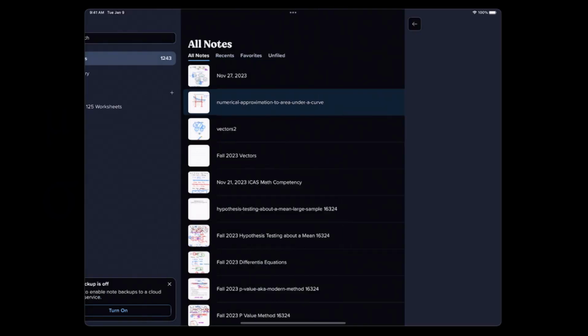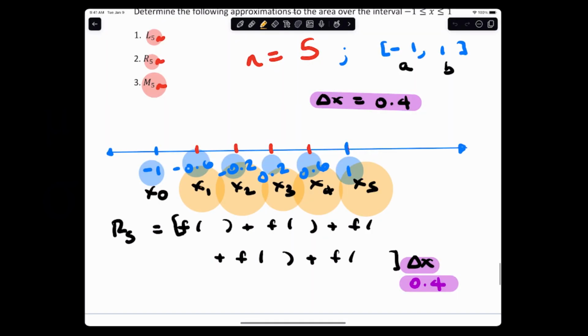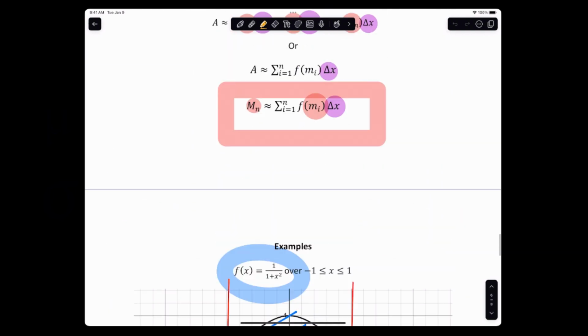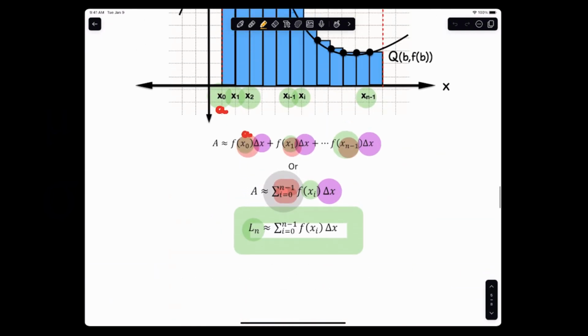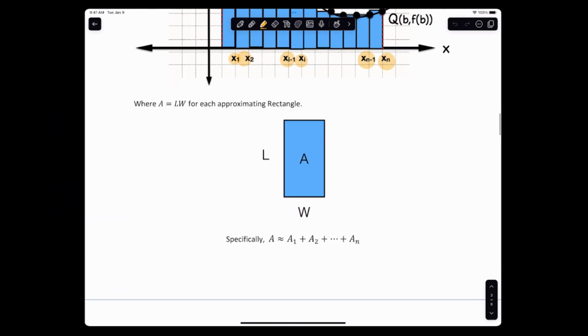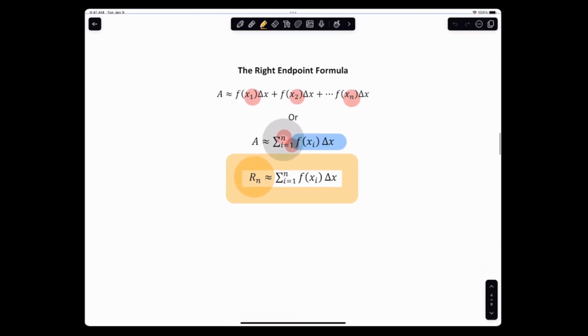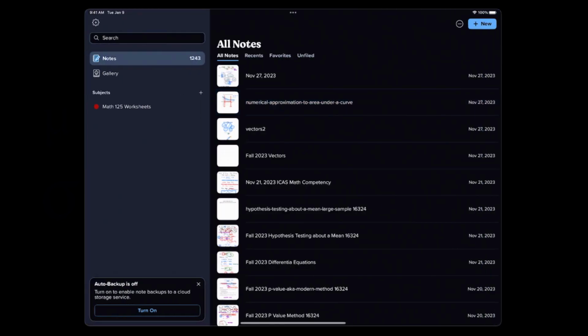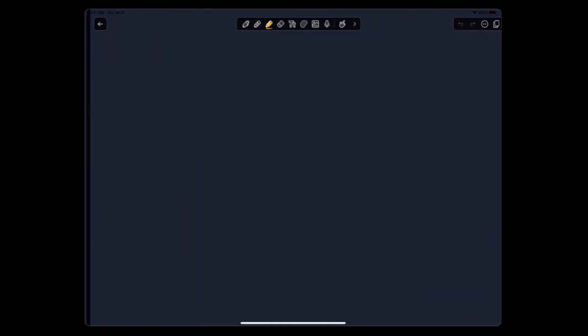So if you went back to my definition here when I proved it, notice you started with x1. So we're going to start with x1 here. You're going to start with all the right endpoints down here.